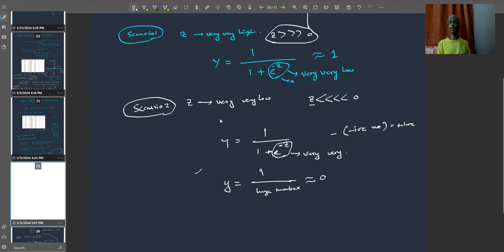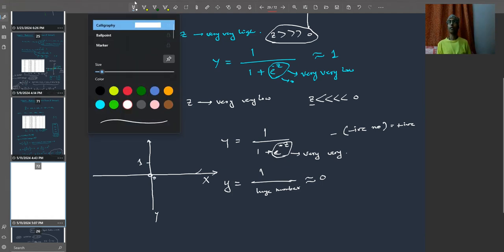The graph basically looks like this. This vertical axis is the y, and this is the feature axis, the horizontal axis. I denote it by capital X. Let's say here there is 1 and here it is 0. The sigmoid function graph moves something like this.